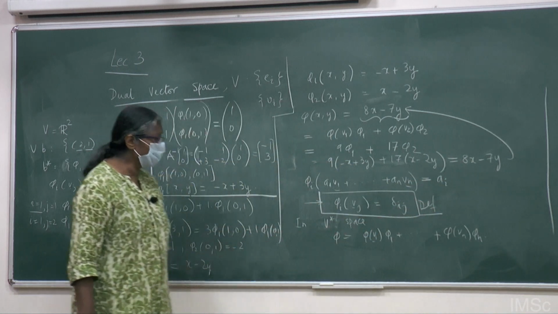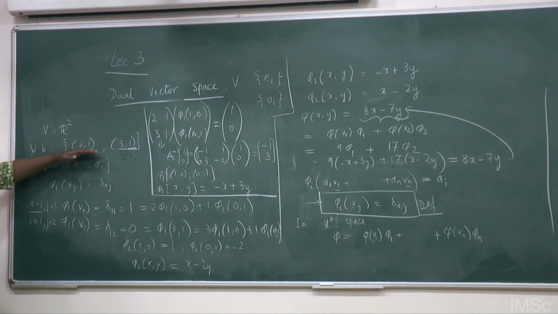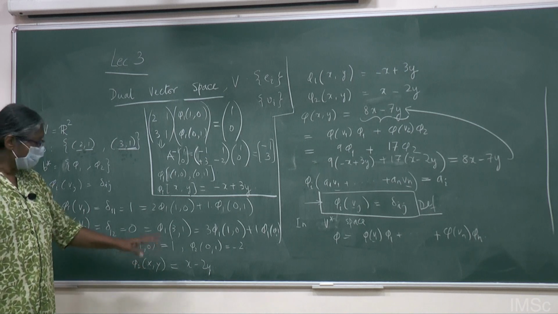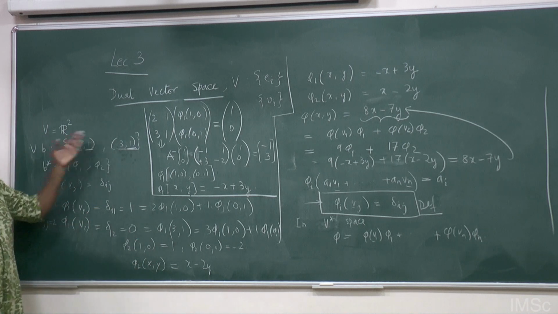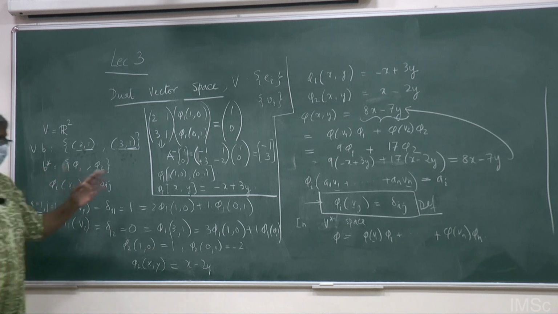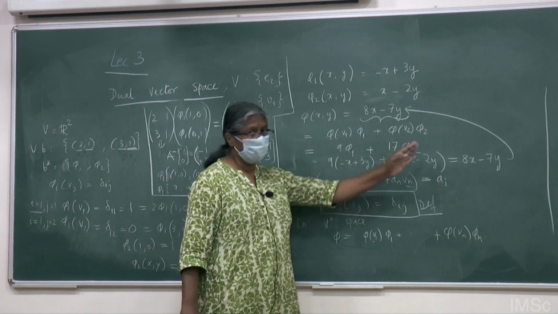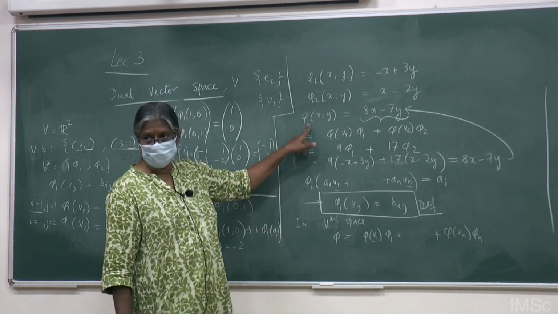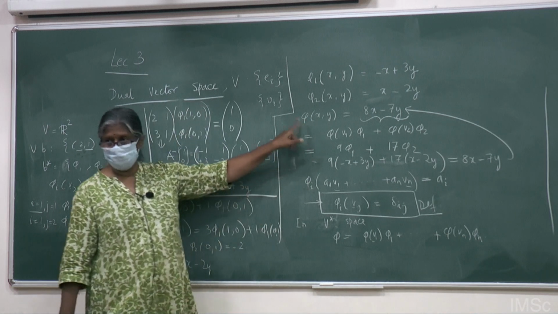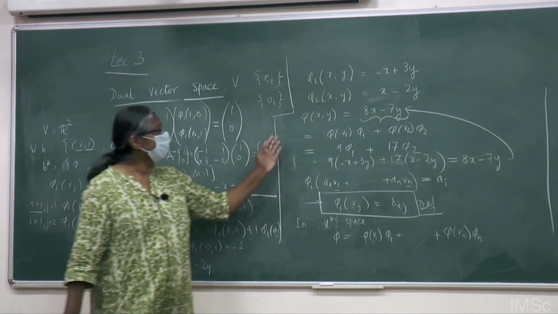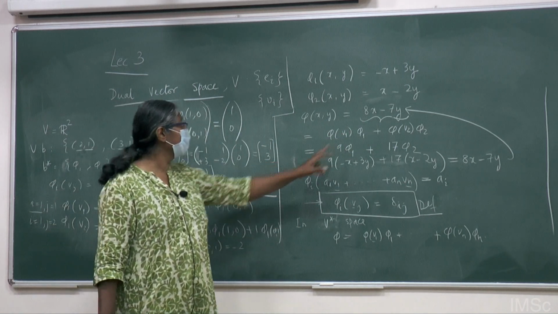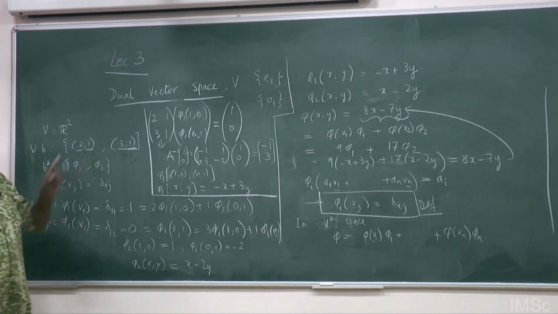Okay. So what have you done now? You have started with this basis set 2 1 3 1. I have moved to this new set which is phi 1 phi 2. Of course phi 1 and phi 2 are implicitly defined in terms of the original x and y, but you still leave it as phi 1 phi 2. Then I can define any arbitrary vector phi in this new dual vector space V star in terms of these phi 1 and phi 2, and the coefficients will be given in terms of the original basis set.